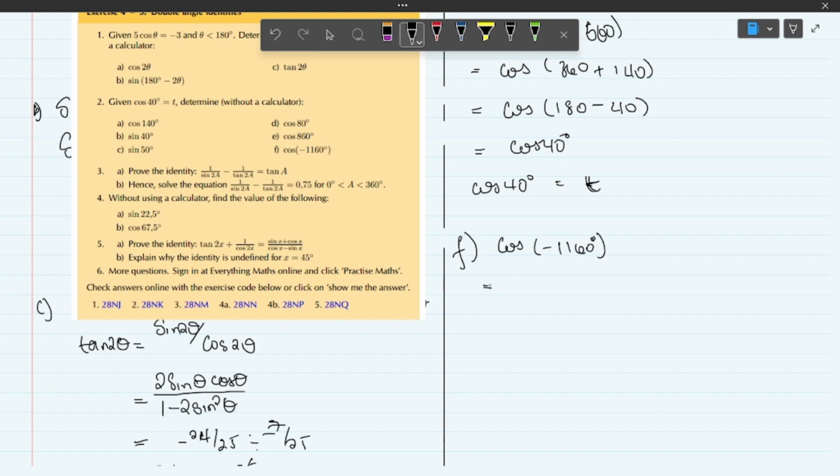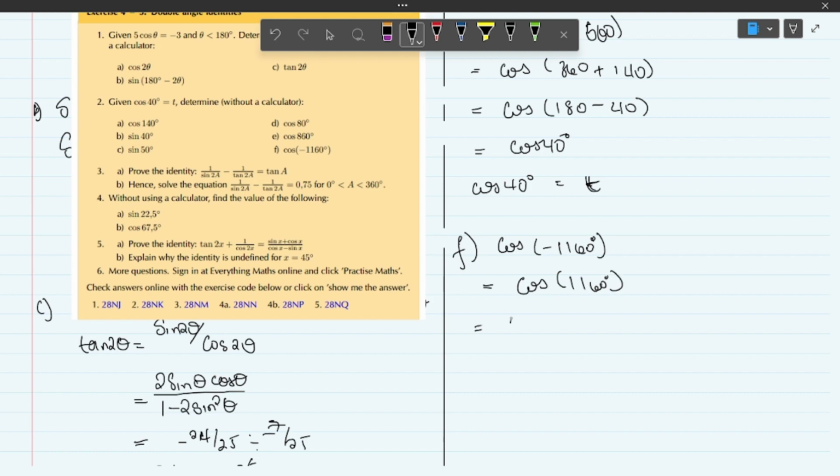So in this instance, the cos of a negative angle is cos of that angle. So it's gonna be cos 1160 degrees first, and then we reduce this.